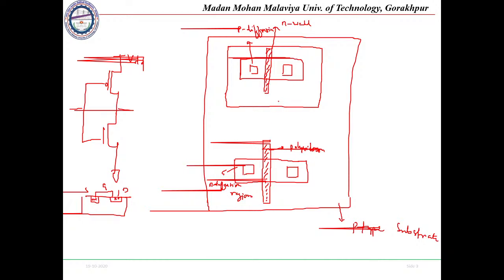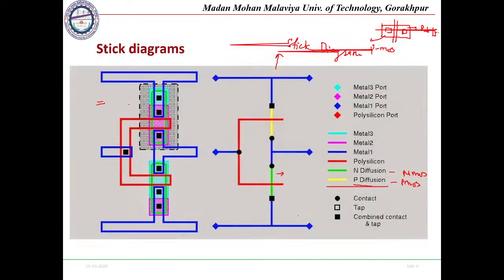So designing the layout directly is more complex. With only two transistors it looks simpler. But once there is a large number of transistors, it becomes a complex view. Okay. So to simplify that, we will be proceeding with stick diagram analysis.